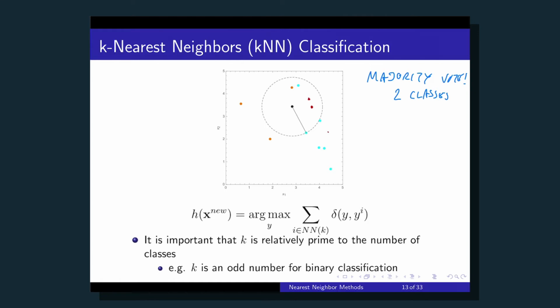And over here, for example, let's put another red point. So now we're essentially doing 1, 2, 3, 4, 5, 6. That's not a good number.